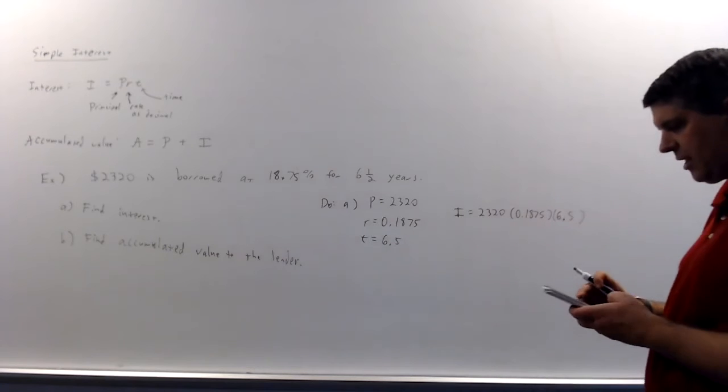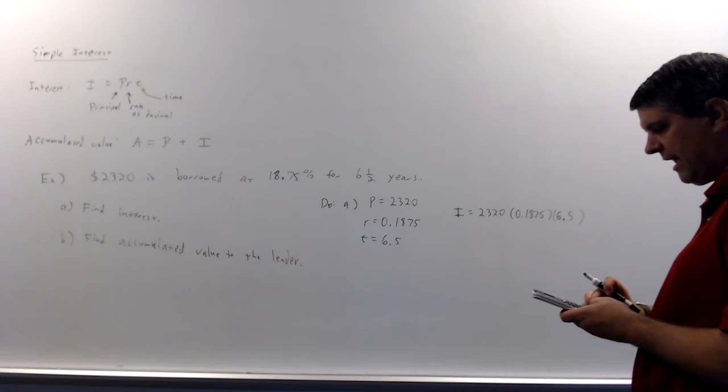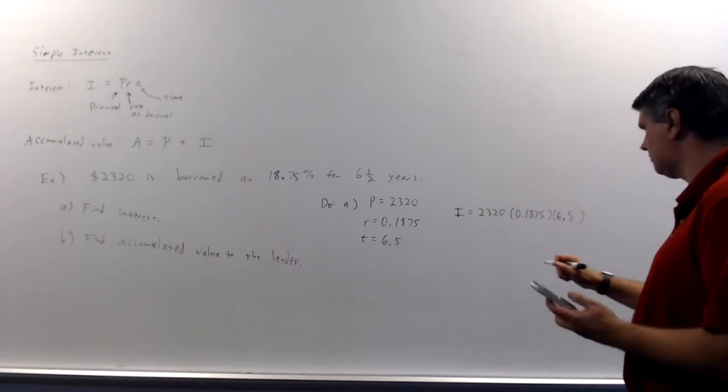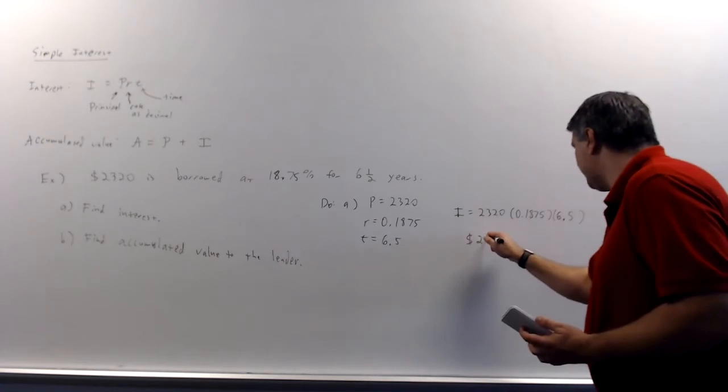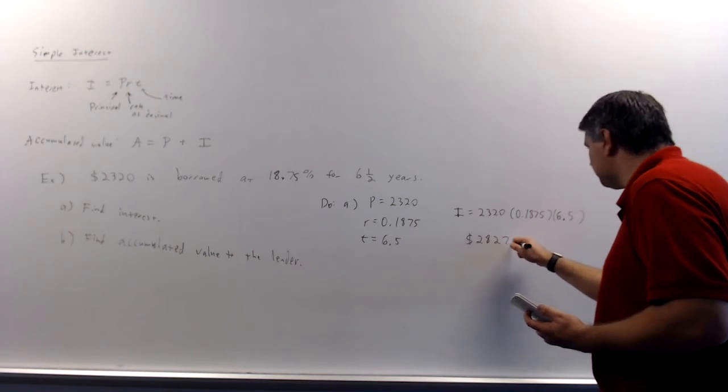Okay, so 2,320 times 0.1875 times 6.5 is $2,827.50.